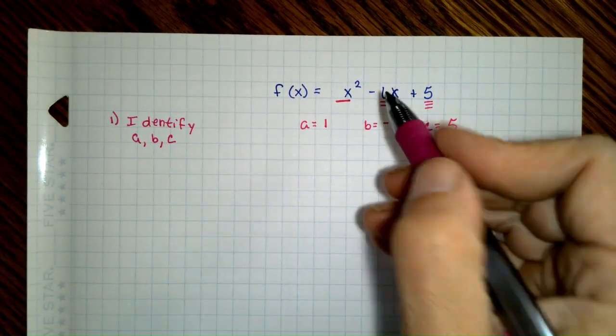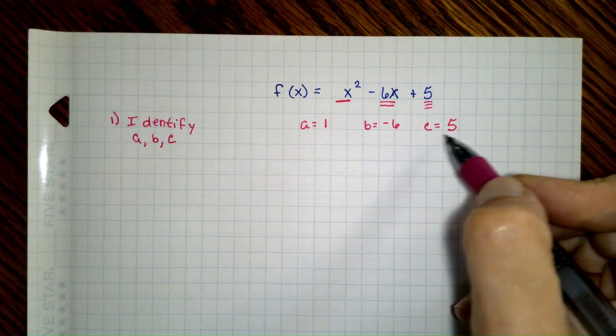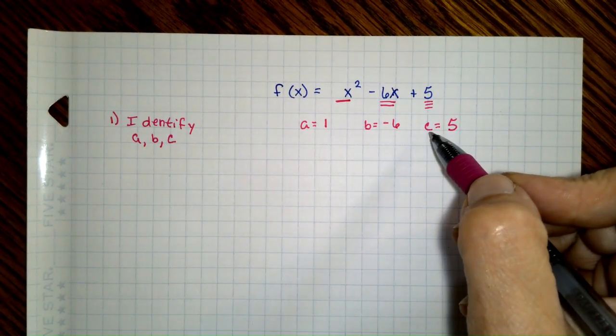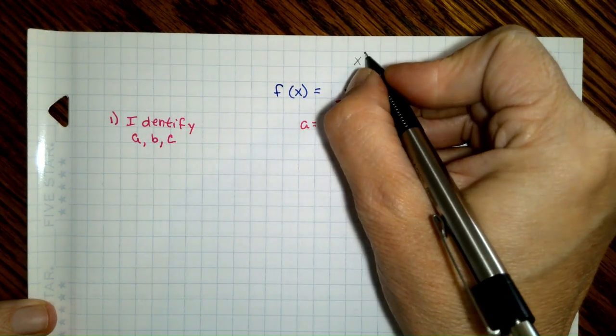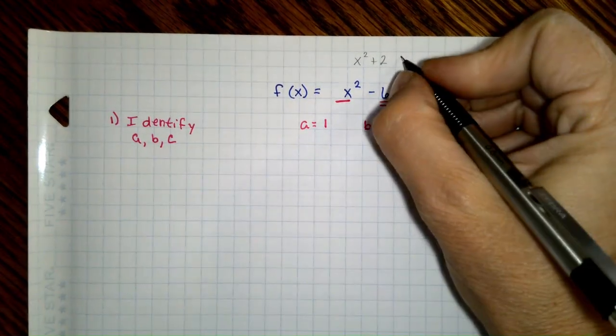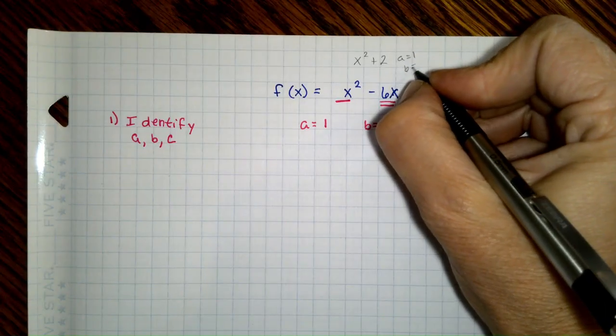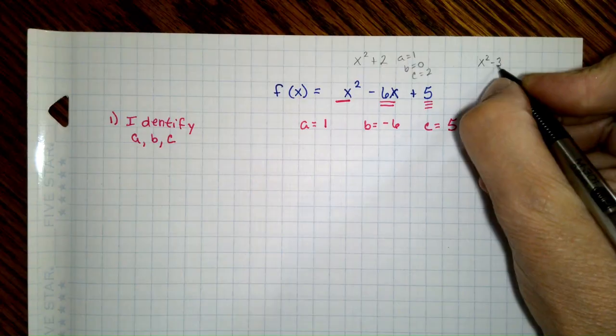In a quadratic, b can be 0 and c can be 0. These may not exist. They may skip it. That's okay. I'll give you an example of that just as a side note. This would be an example of b being 0. And you might see x squared minus 3x.